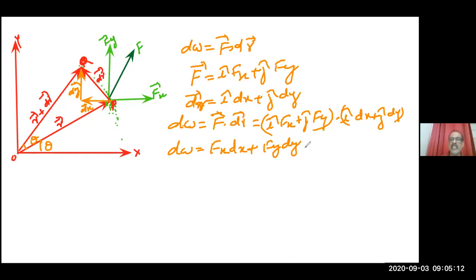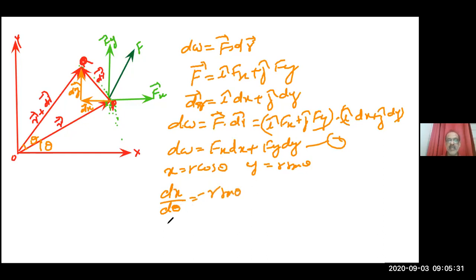Right? This is equation number 1. Then we know x is equal to r cos theta and y is equal to r sin theta. So dx by d theta is equal to minus r sin theta, or dx is equal to minus r sin theta d theta, which is minus y d theta.